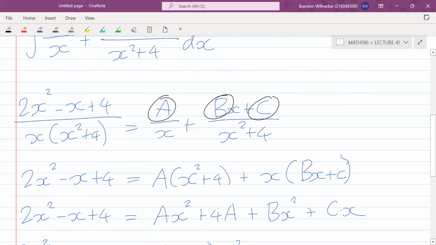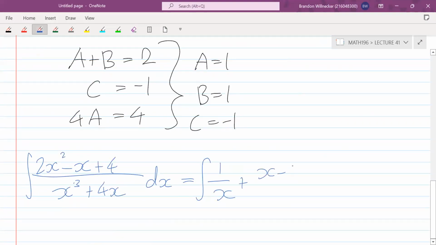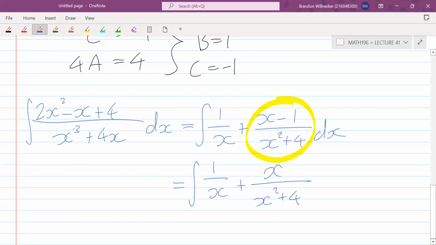So we're going to have x minus 1 over x squared plus 4, dx. Now we can do one more separation of fractions because this fraction over here, it's better to separate it out. Okay, and then we can treat them individually. So we're going to have the integral of 1 over x plus x over x squared plus 4 minus 1 over x squared plus 4, dx.